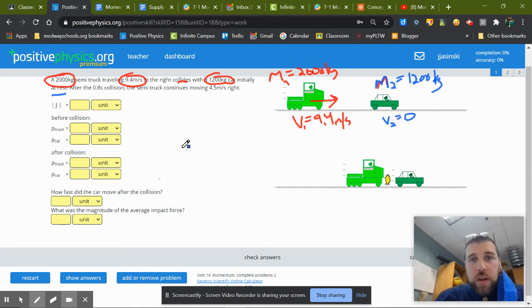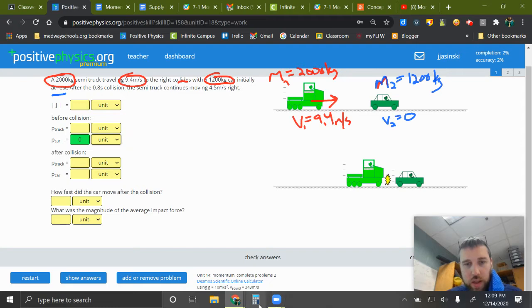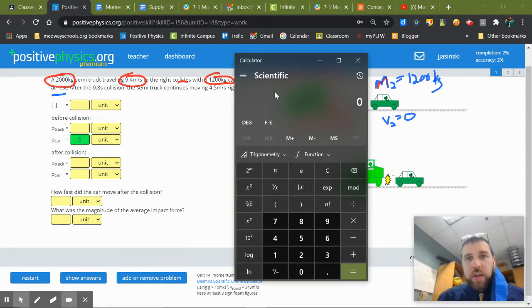So right away, I can start doing the momentums. For the car, that would be 0. And the momentum for the truck would be like this. Grab the calculator.